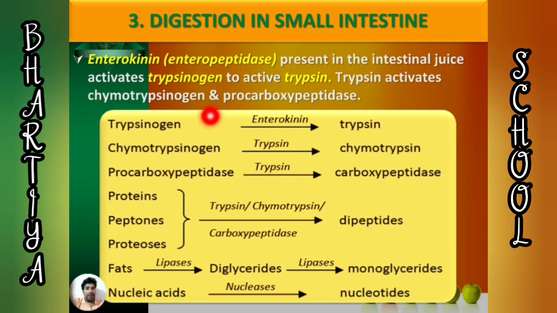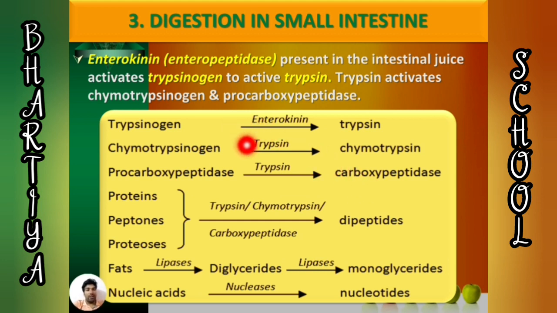Enterokinase is secreted by the intestinal juice. So trypsinogen is converted into trypsin, its active form, by enterokinase, and chymotrypsinogen is converted into its active form chymotrypsin by trypsin, and procarboxypeptidase is converted into carboxypeptidase by trypsin enzyme.